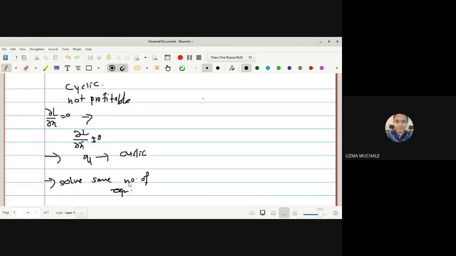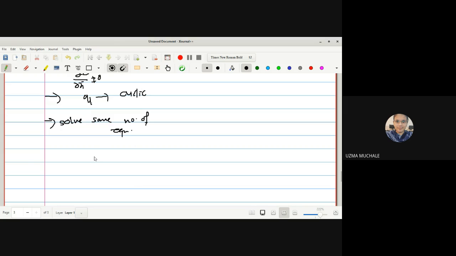Okay, hence we have to deal with still n number of degrees of freedom, because we have to solve the same number of equations. With respect to x the derivative is zero, but dou L by dou x dot may be present and you have to solve the equation. Still we can say that we have to deal with n degrees of freedom.